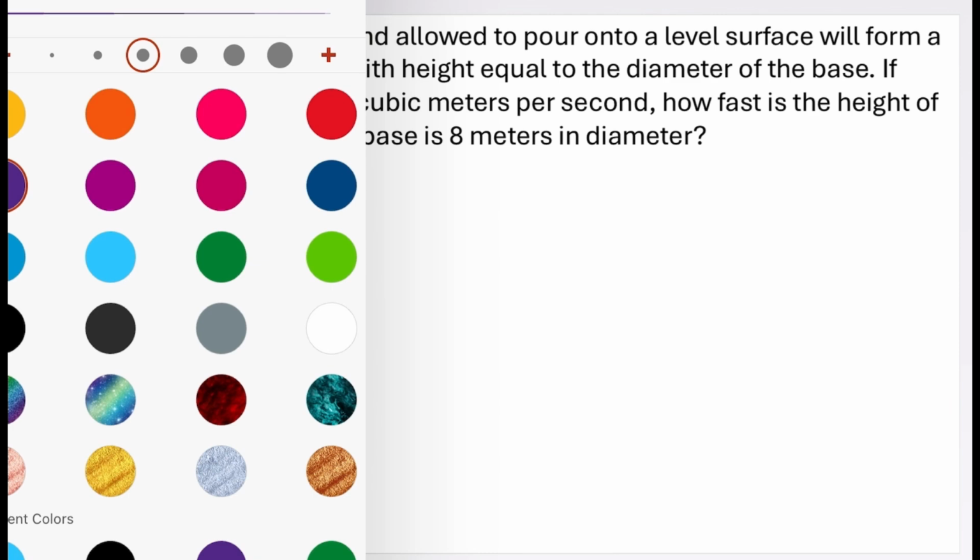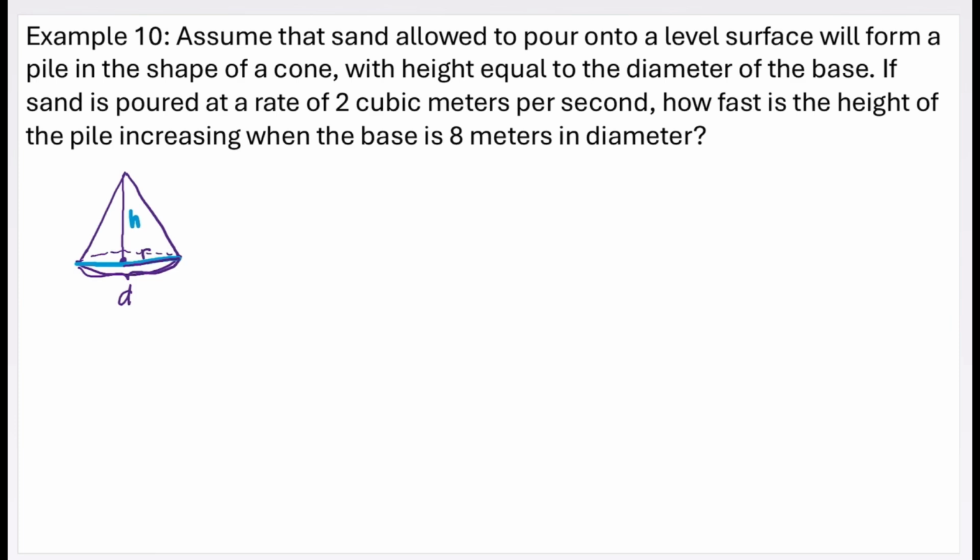Okay, so let's look at what we have. The height is equal to the diameter. That also means the height is equal to 2 times the radius, or the radius is equal to the height over 2. So those might be useful when we set up our formula.